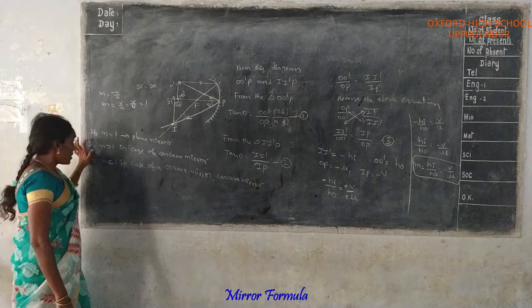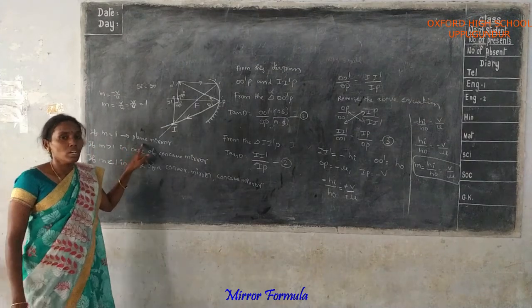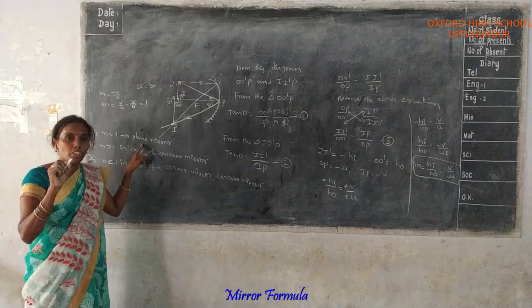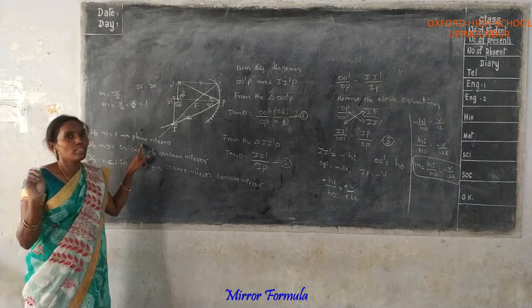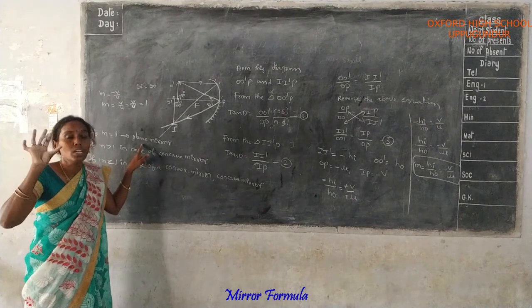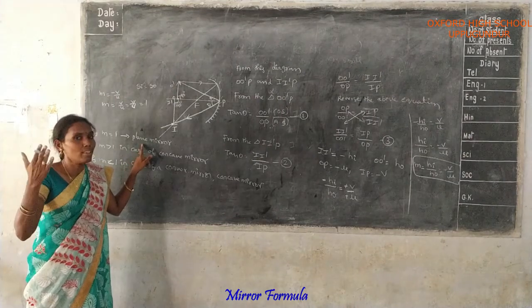That's why the magnification M is equal to 1 in a plane mirror, because the object distance equals the image distance, and the height of the image equals the height of the object.